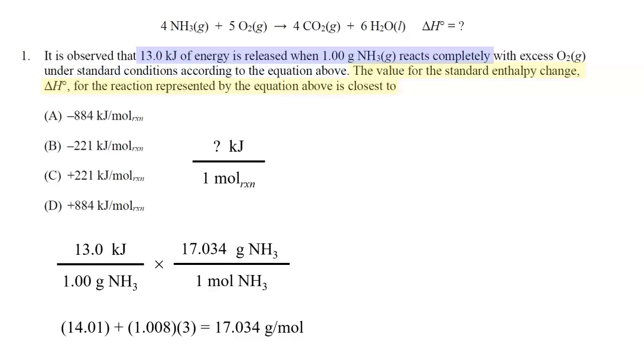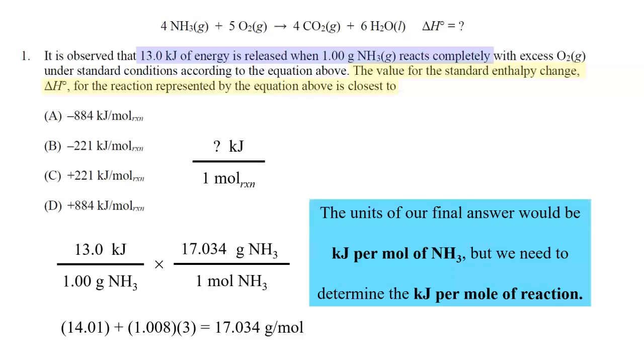Now at this point we can convert from grams to moles, but if we stop right now, in our calculation, the units of our final answer would be kilojoules per mole of NH3. But what we need to do is determine the kilojoules per mole of reaction. Again, we need the coefficient of 4 from the balanced chemical equation.